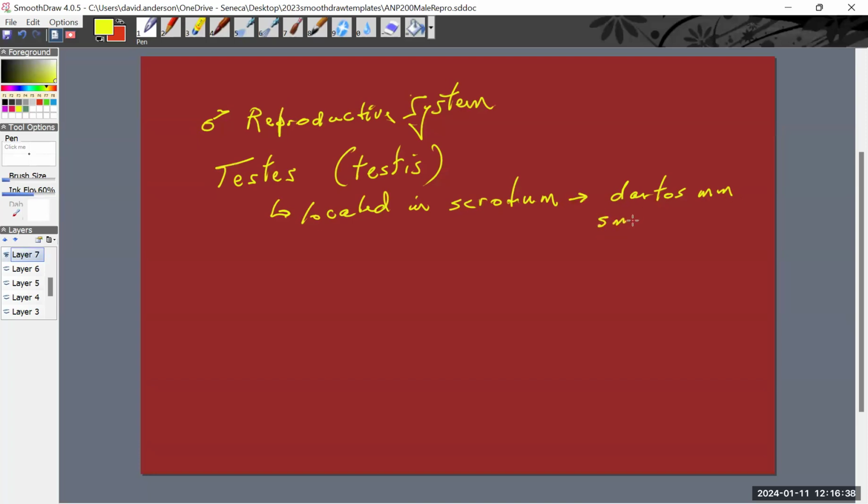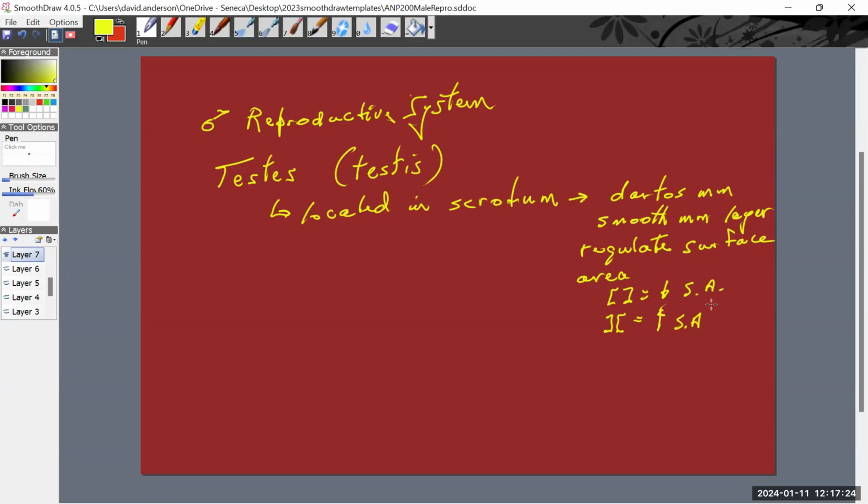So this is a smooth muscle layer, and it can regulate surface area. When the muscle contracts, it decreases surface area, and when it relaxes, it increases surface area. If we increase surface area, there'll be more heat loss. If we decrease surface area, less heat loss.